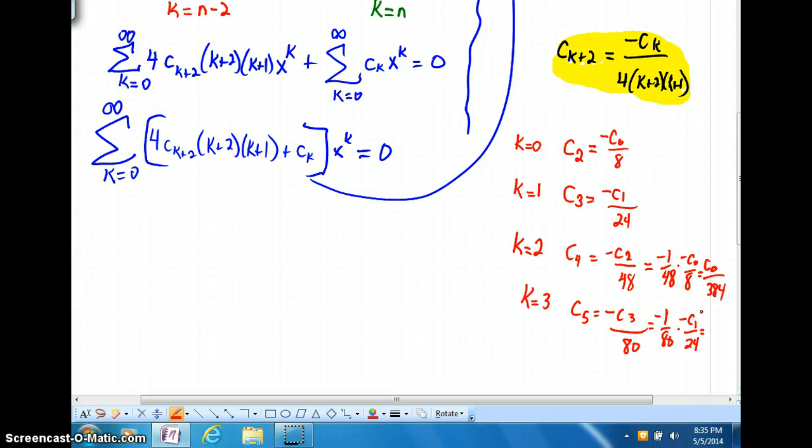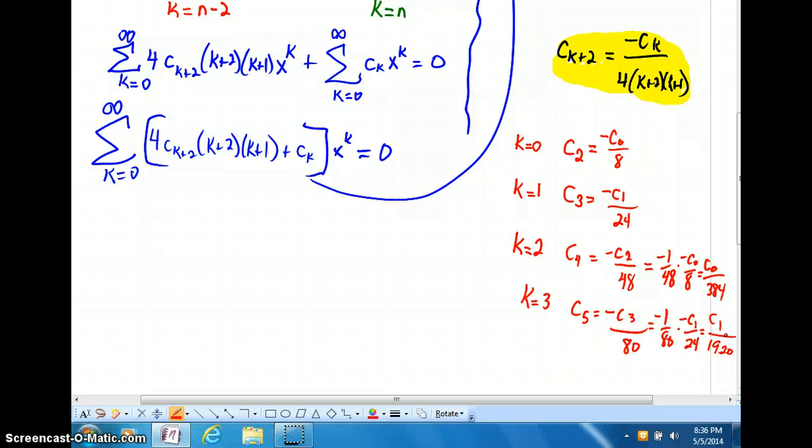The negative 1 times negative c sub 1 is going to cancel. 80 times 24 is 1,920. So we're growing quite a bit, but more to the point, we're alternating in each successive term between having a c sub 0 or a c sub 1.